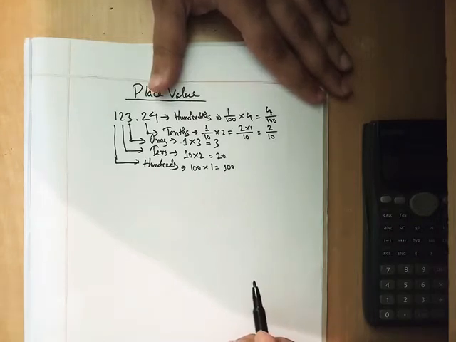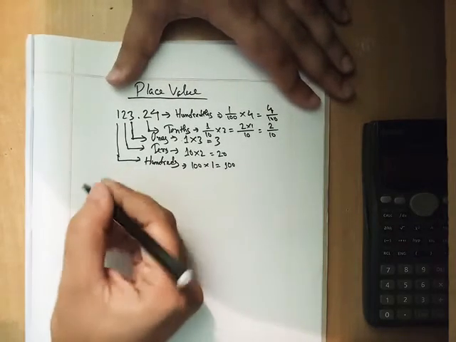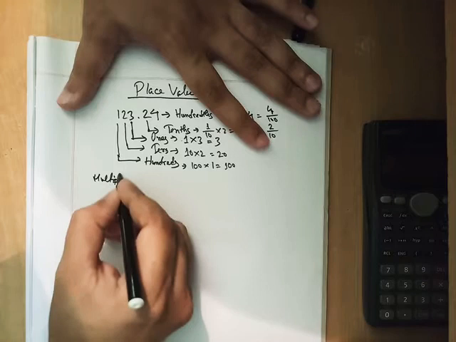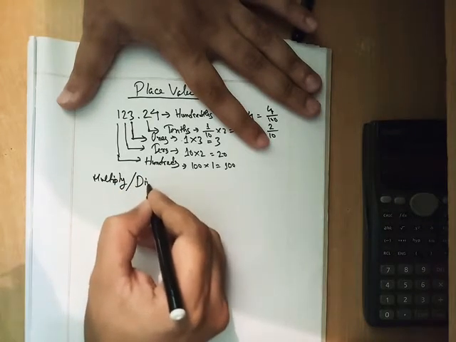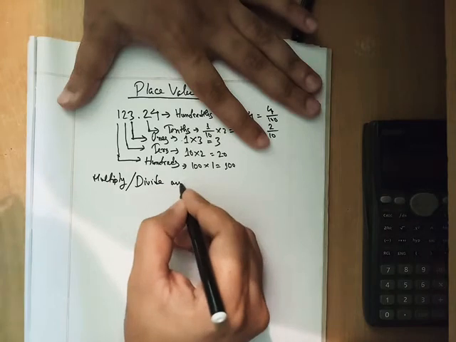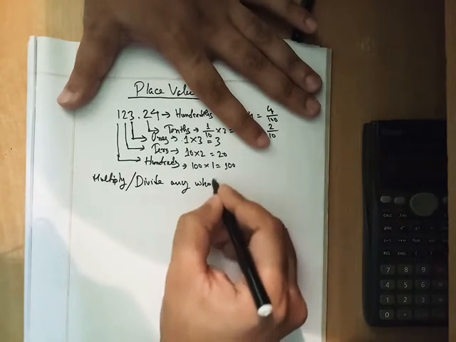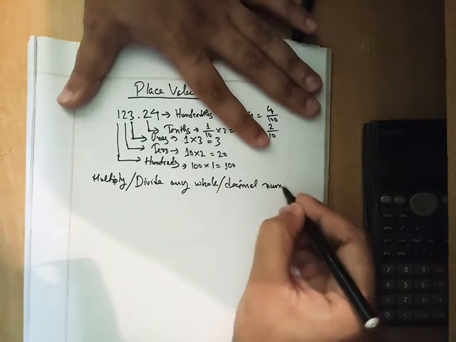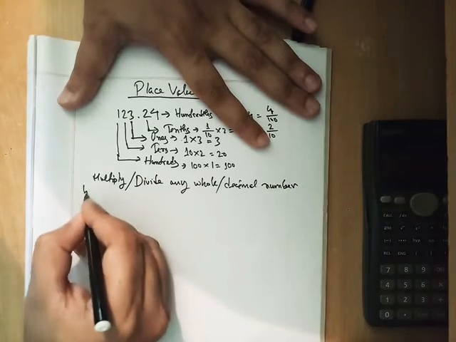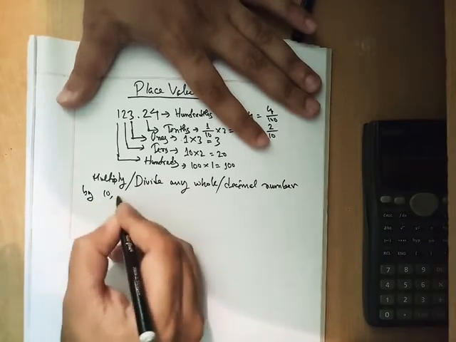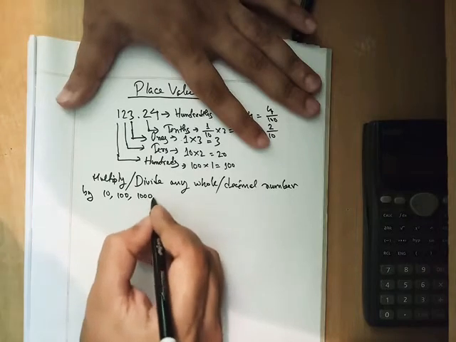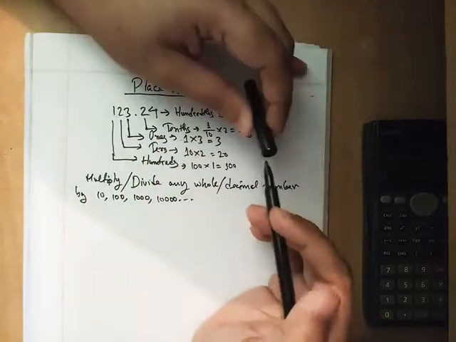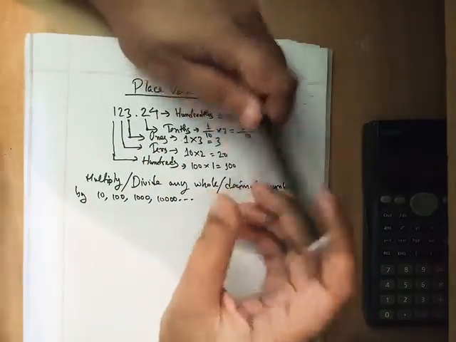To start that off, we need to learn another thing before that: what if we multiply or divide any whole or decimal number by 10, 100, 1000, 10,000 and so on, right? These are a special kind of numbers.